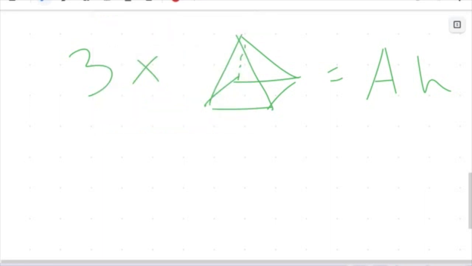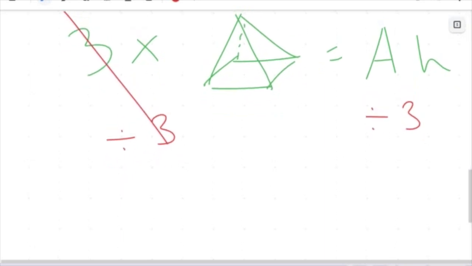If I have three lots of a pyramid making up a cube, I can find one pyramid by dividing both sides by 3. I have three lots of something. So remember, when we solve equations, we can take the opposite operation to cancel this out.